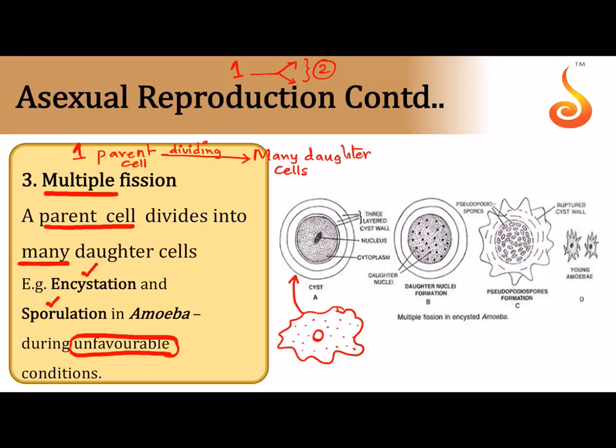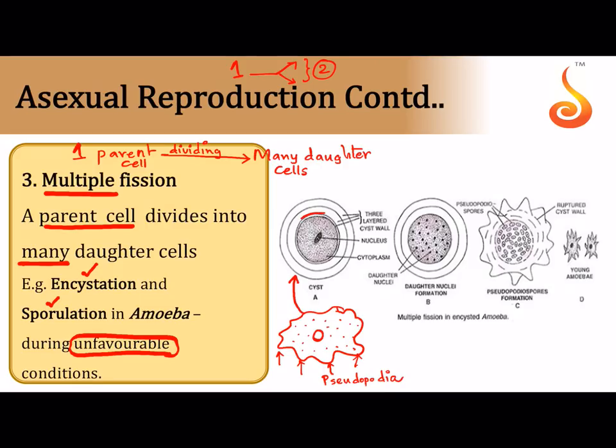But now it withdraws. You know that amoeba has these tiny finger-like projections. What are these finger-like projections? These are called pseudopodia. Yes or no? So during multiple fission, this amoeba will withdraw all its pseudopodia and it becomes roughly spherical. See how it's become rounded.